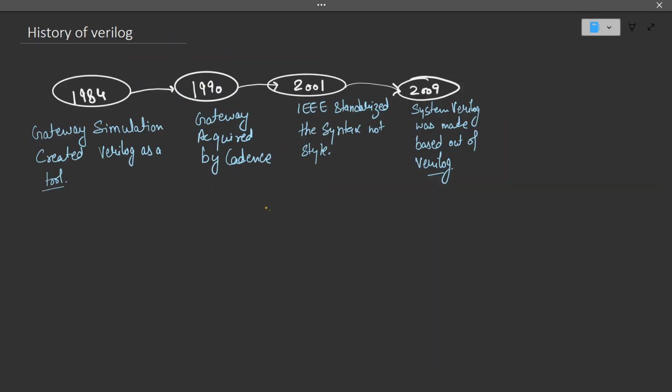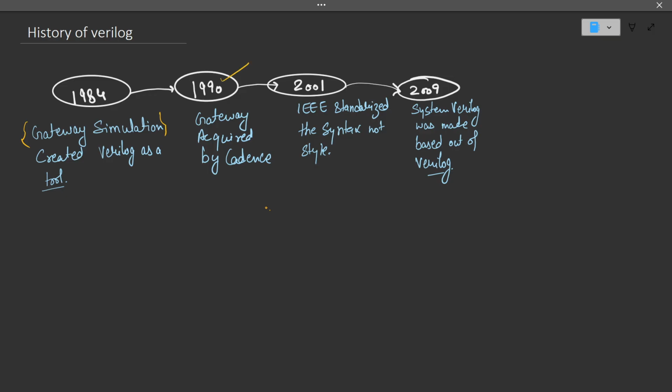So how Verilog actually came into the picture is, in 1984, Gateway Simulation, a company, created Verilog as a proprietary tool for their internal purposes, right? Then they started using it and found out the benefits of this language as a tool.